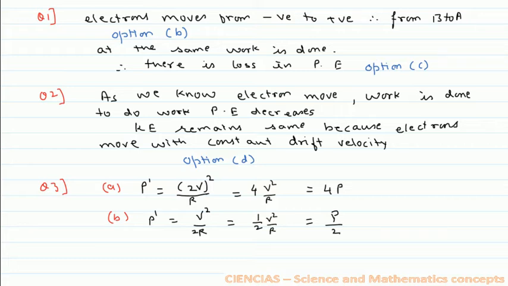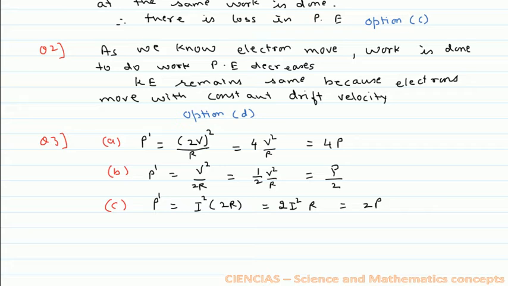Now in option C, P dash is equal to, in this case, it has been said current is the same. So power is I square into R, but resistance is doubled. So this becomes 2I square R, which is equal to 2 times P. And in option D, P dash is equal to, now in this case we are told that potential is also doubled and resistance is also doubled.